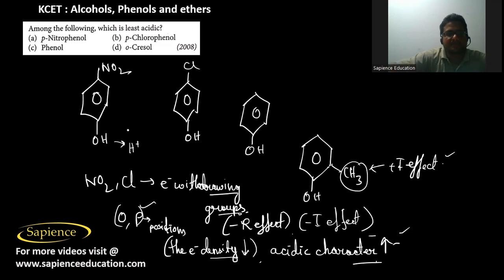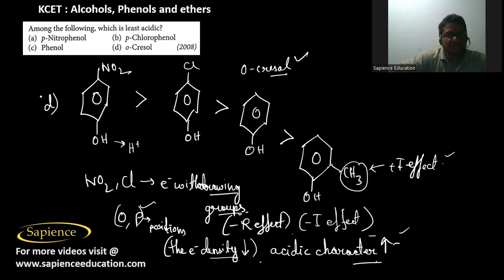So it means that paranitrophenol has more acidic character than parachlorophenol, which is more acidic than phenol, which is more acidic than orthocresol. So orthocresol is the least acidic.